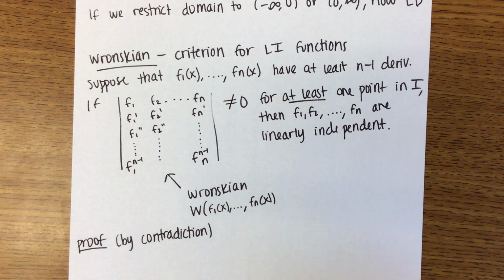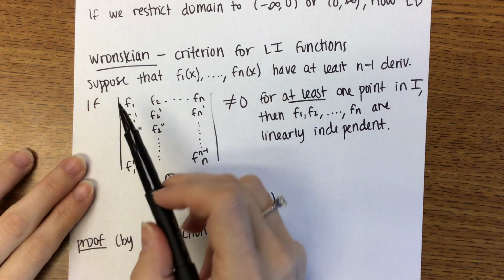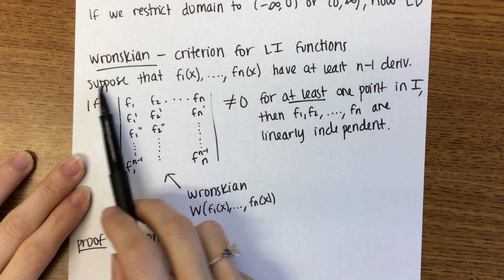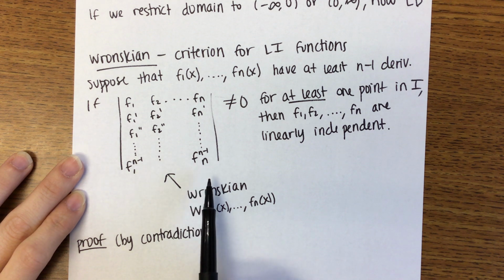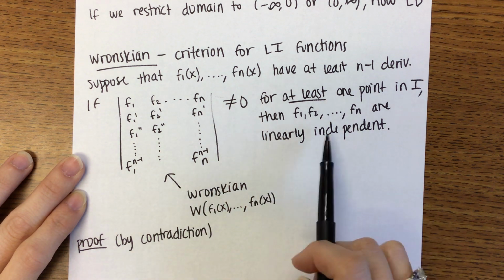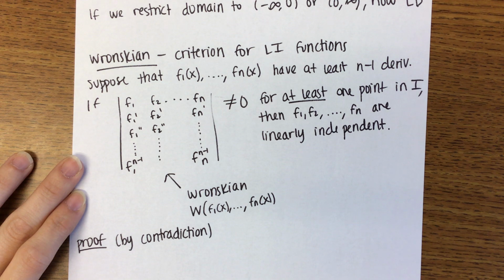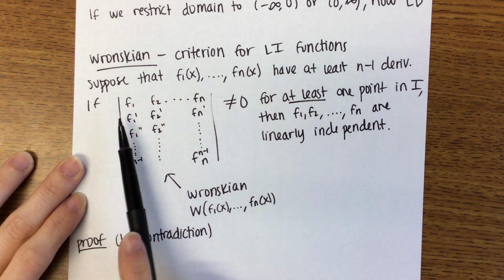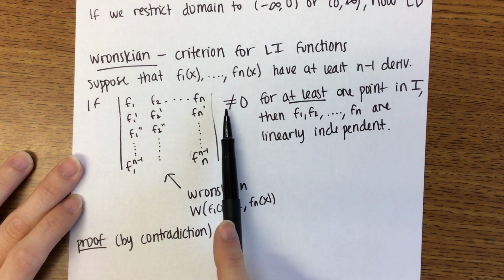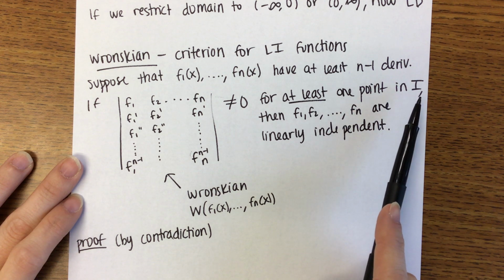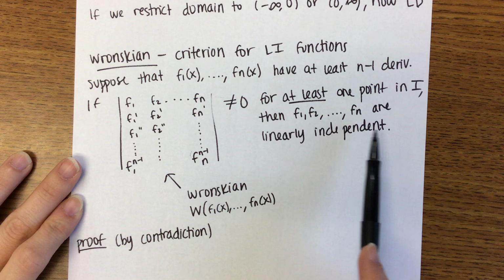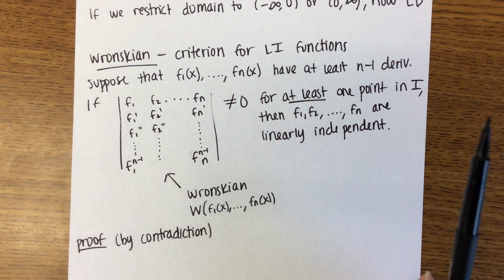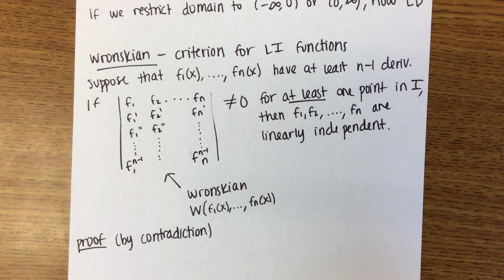Okay, so here's the way that it works. You assume all the regular stuff from your theorem, but you make the opposite conclusion. So you say, let's suppose that we have all of these functions and we have this Wronskian that's not 0 for at least one point, and that the functions are linearly dependent. And then what you have to prove is that that can't be the case, that it's impossible.